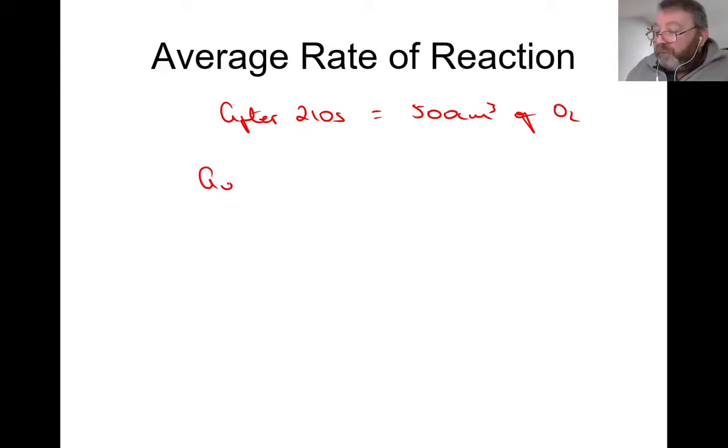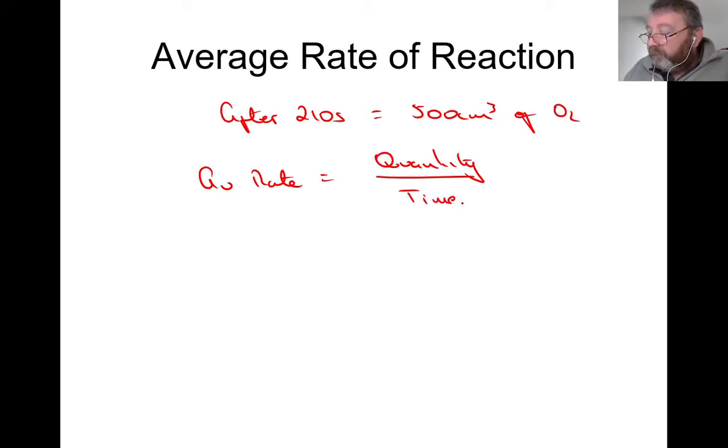Well, the average rate is equal to the quantity produced over the time taken. Now, what did I produce? I produced 500 centimeters cubed. How long did it take to do it? 210 seconds. So therefore, 500 centimeters cubed in 210 seconds. What's my average rate of reaction?